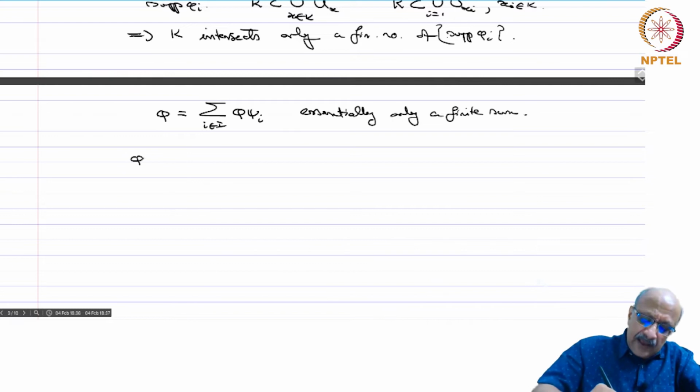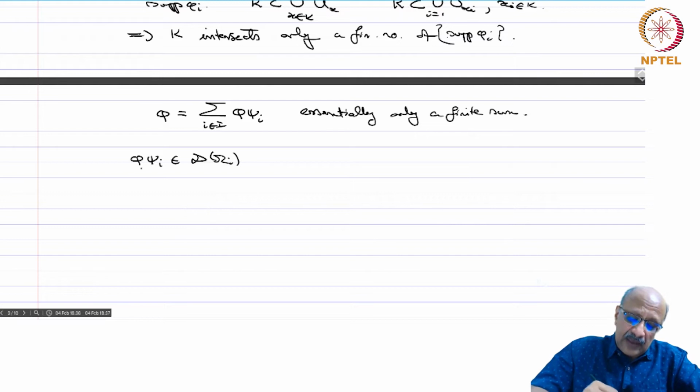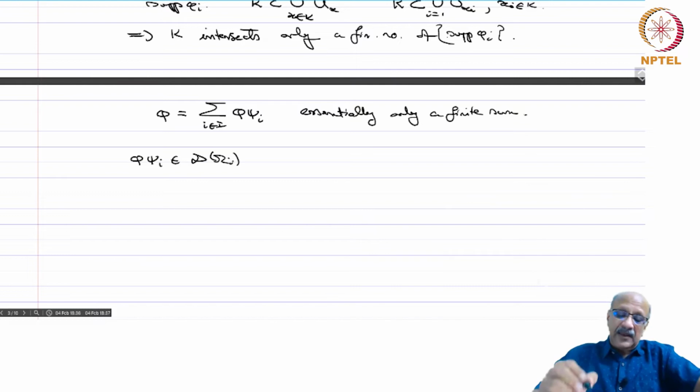Now φψ_i belongs to D of ω_i, because ψ_i is C infinity with support in ω_i, and φ is a C infinity function with compact support. So the product will have compact support and it will be contained in the support of ψ_i, which is contained in ω_i.